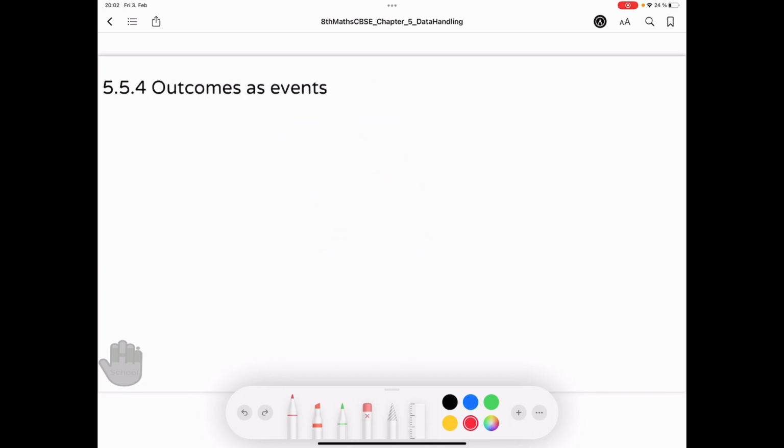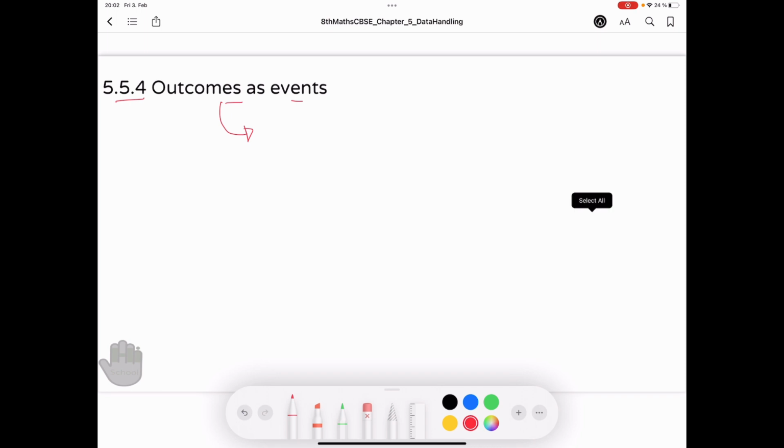Now in this subsection 5.5.4, let us try to distinguish between outcomes and events. What are outcomes? Outcomes are the possible results of a random experiment.